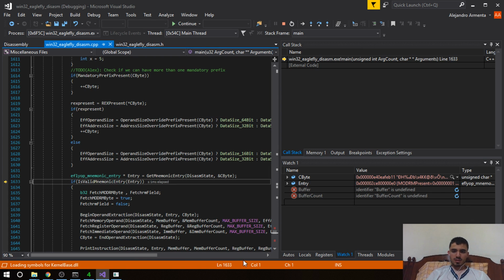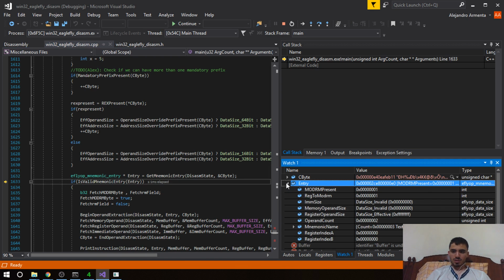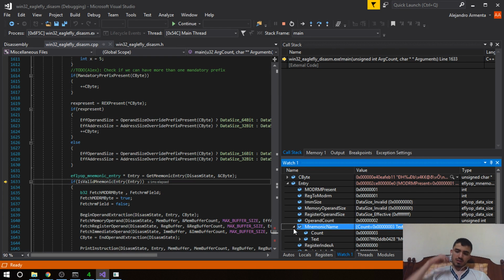So we get a mnemonic, which is the move, the same thing, and the ModRM, rectified ModRM, is going to be the same. We have a ModRM, we have a rectified ModRM, and that's it.